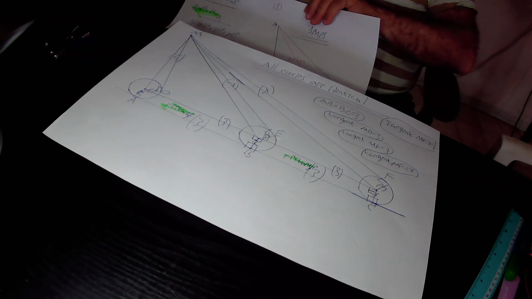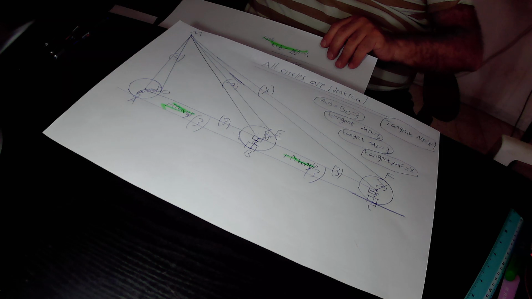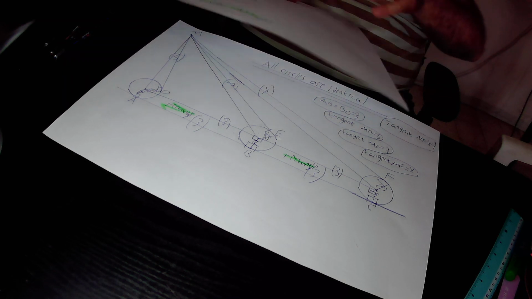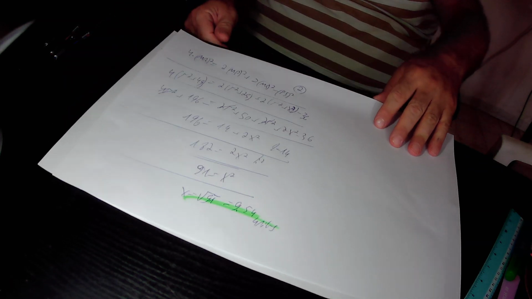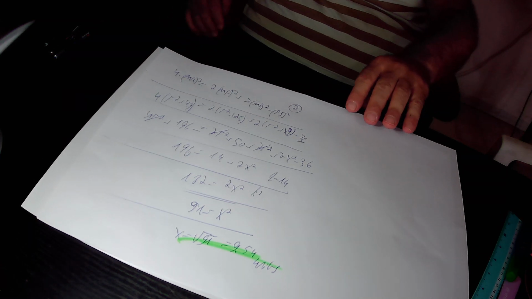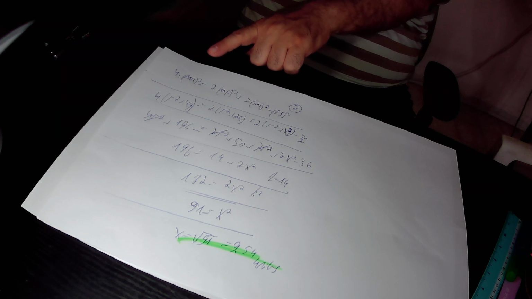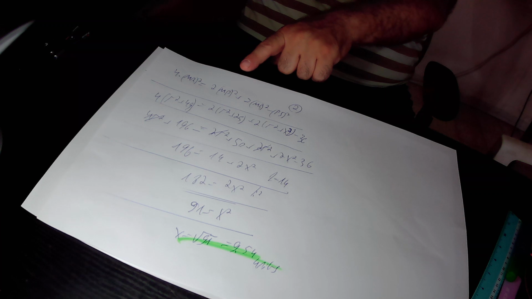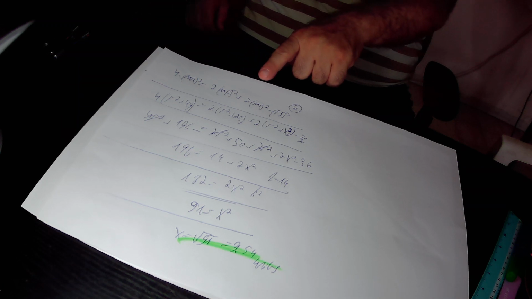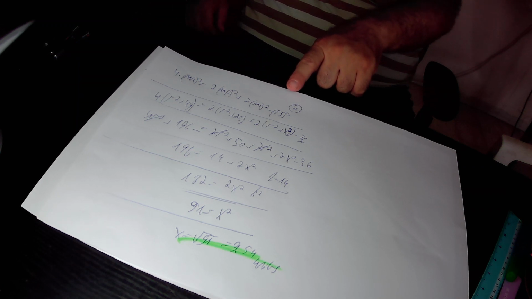So according to this equation for the length of the median MQ, we get that 4 times MQ squared equals 2 times MP squared plus 2 times MS squared minus PS squared.